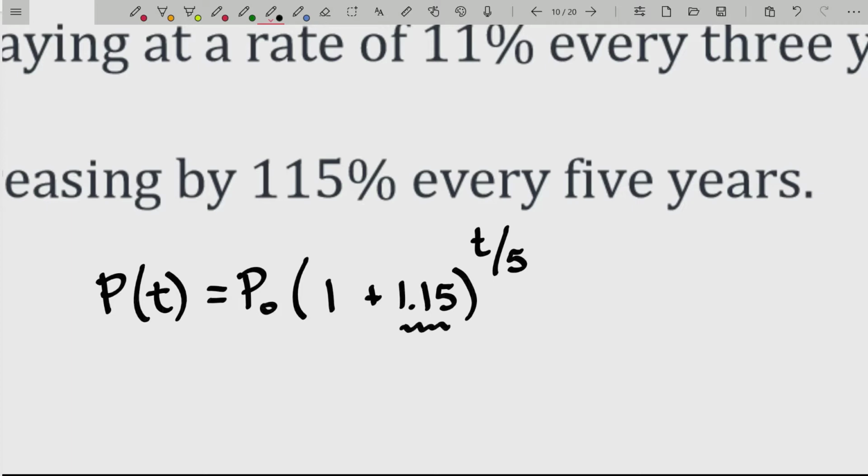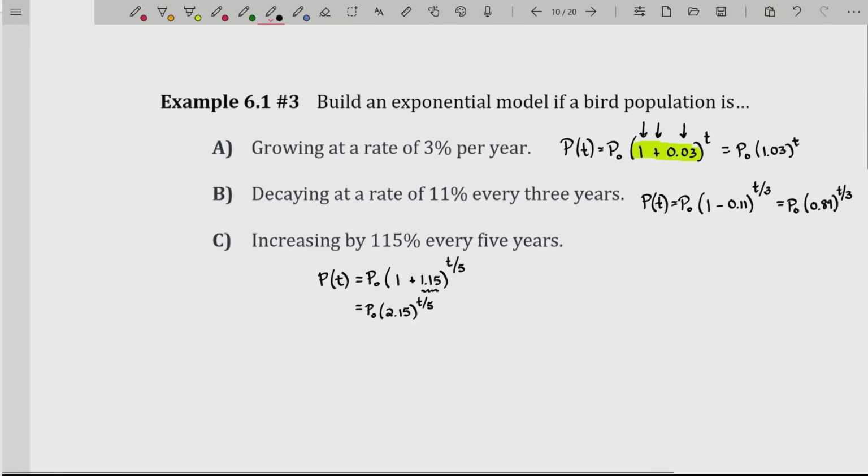So this right here is telling us we're increasing by 115%. A lot of people get that wrong. They read it as 0.15, but it's not. It's going to be P naught times 2.15 to the t over 5 power. So just be very careful with that. If you wrote plus 0.15, then your population's only growing by 15% every 5 years. You don't want that.